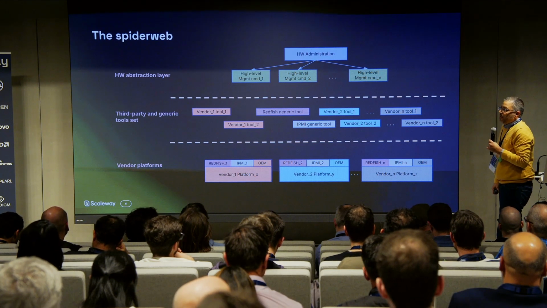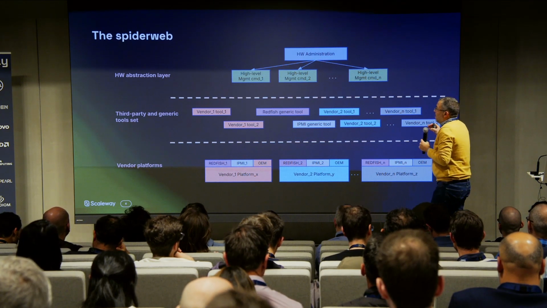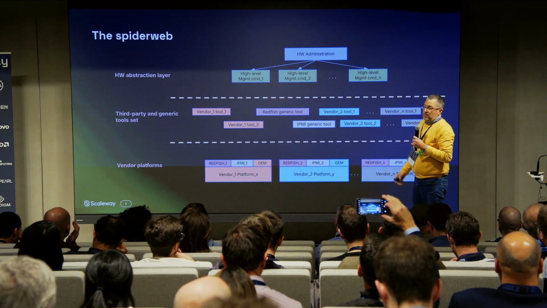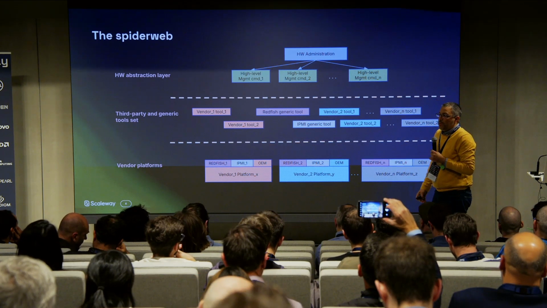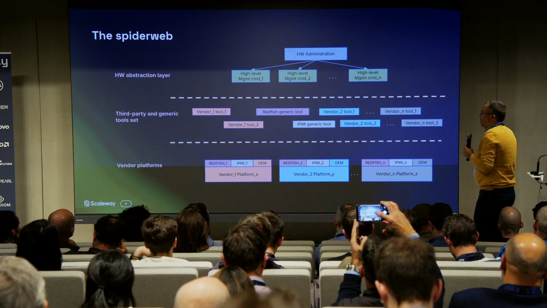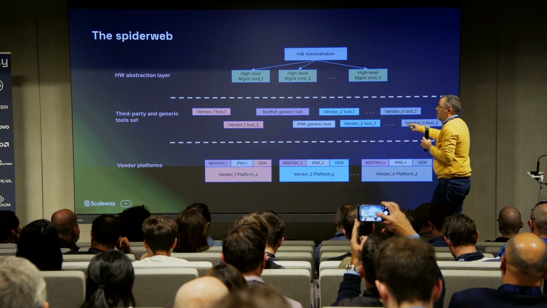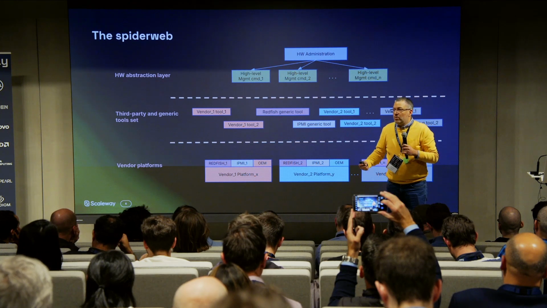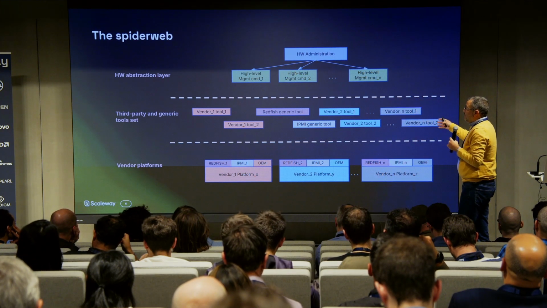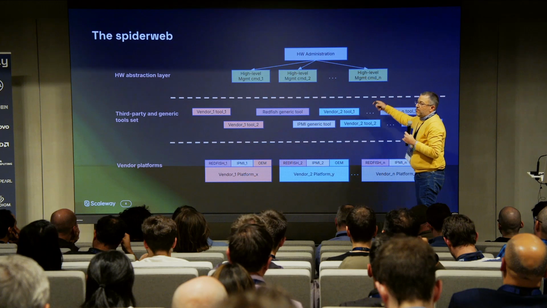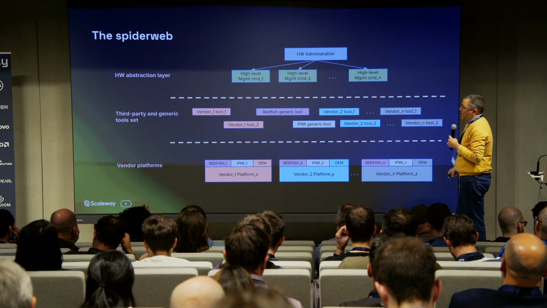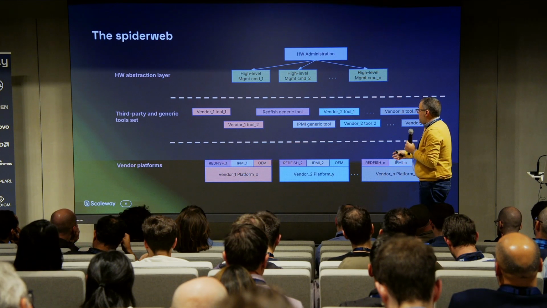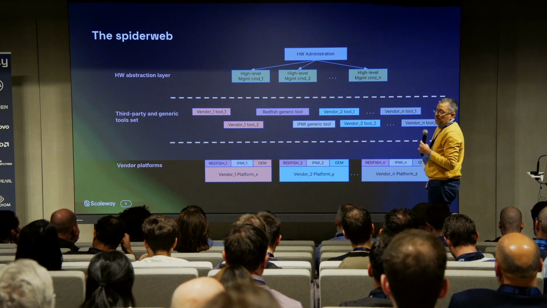The top one is the abstraction layer, which is a set of high-level management commands like firmware update, BIOS setting, BMC reset, etc. The middle layer is the set of all tools that we rely on to implement the high-level commands, and the bottom layer is the target platforms coming from different vendors.